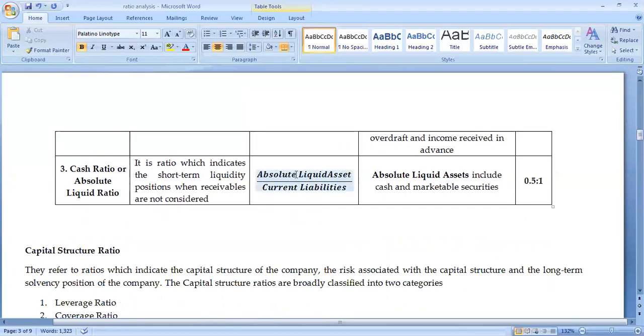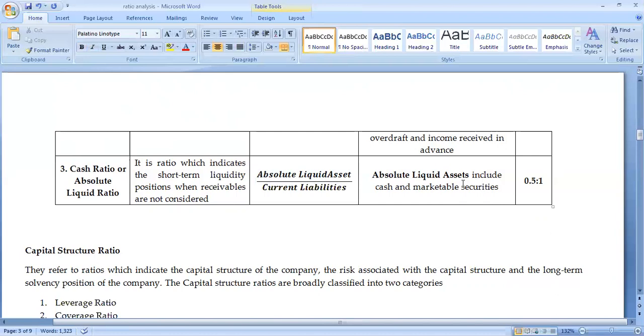So what is the formula to calculate your absolute liquid ratio, which will be divided by the current liability? So what is absolute liquid ratio? Absolute liquid assets include the cash and also the marketable security. And its ratio of 0.5 will be compared with the 1.